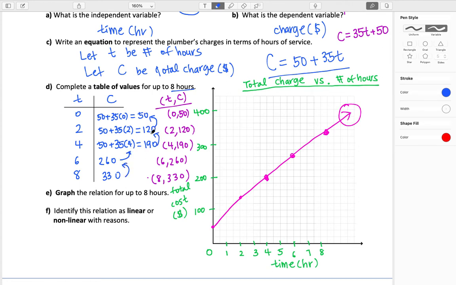So if I were to subtract 120 minus 50, I get 70. And every time I subtract the first value from the second value, you get 70. Okay, so it's consistent. So therefore, yes, it's linear because the graph is a straight line.